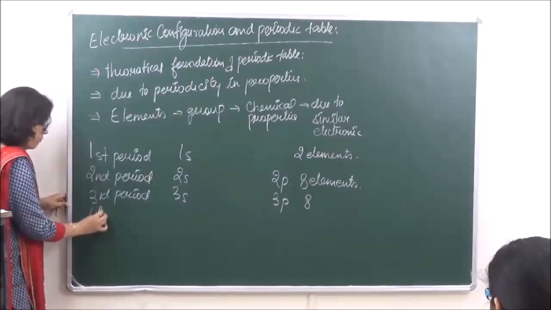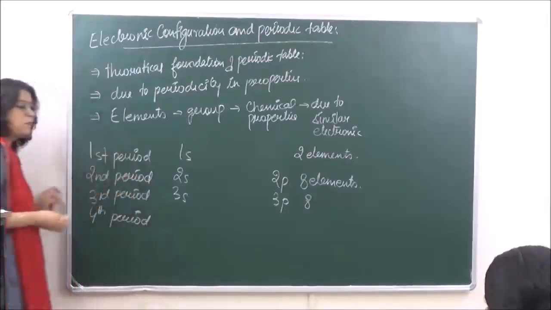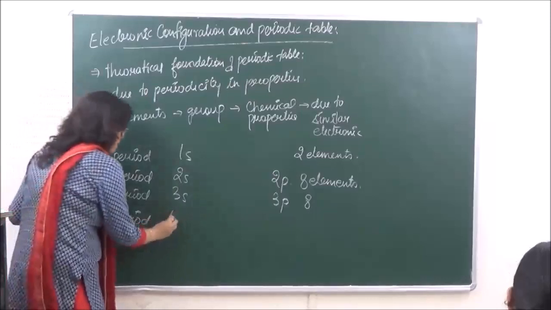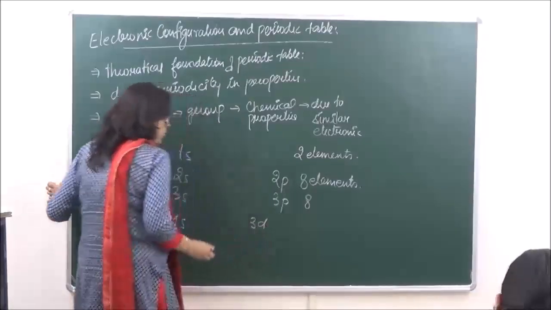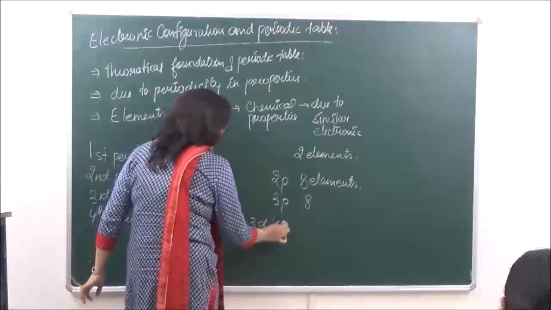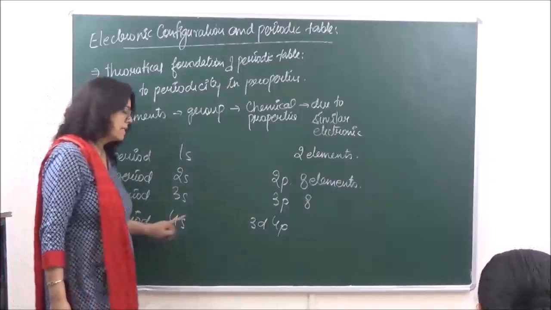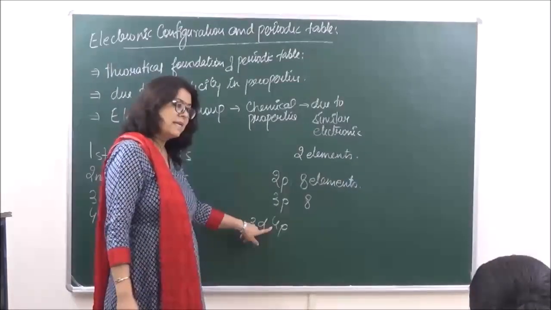When we go to the fourth period, we are going to fill up 4s, we will fill up 3d, and we are going to fill up 4p. So how many elements now? 2 in this, 10 in this, 12, and 6 in this, 18.